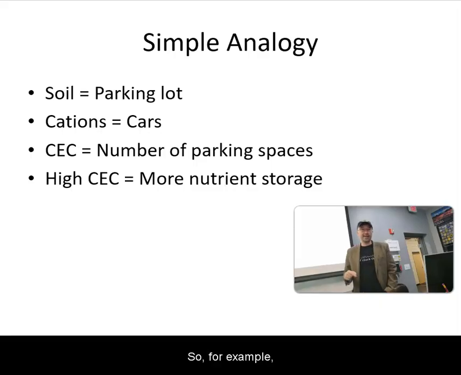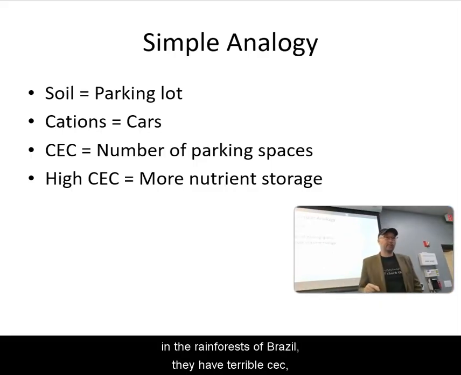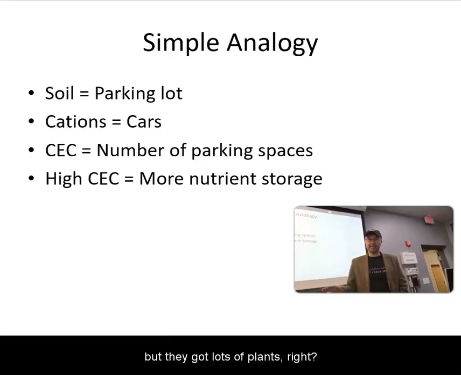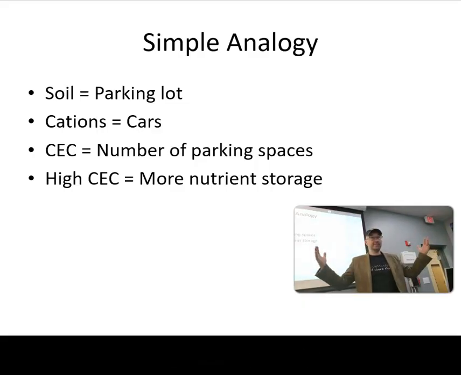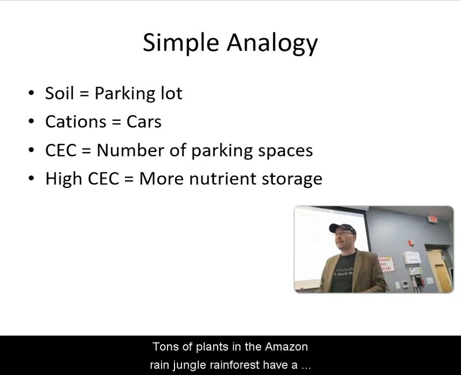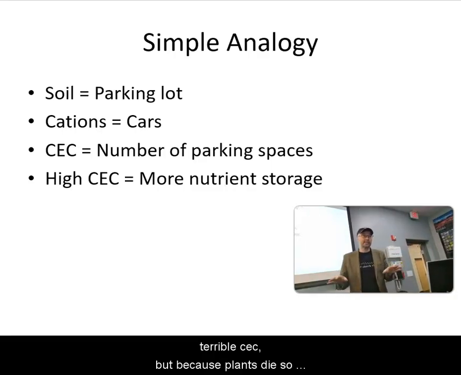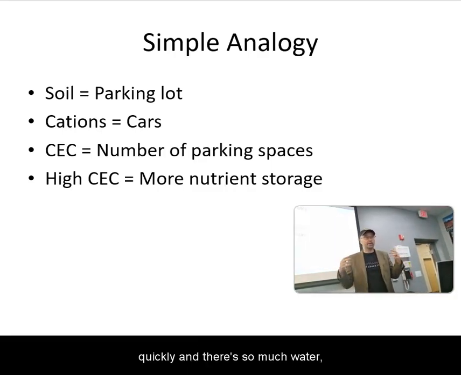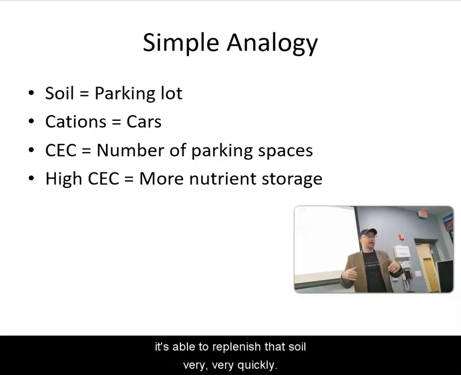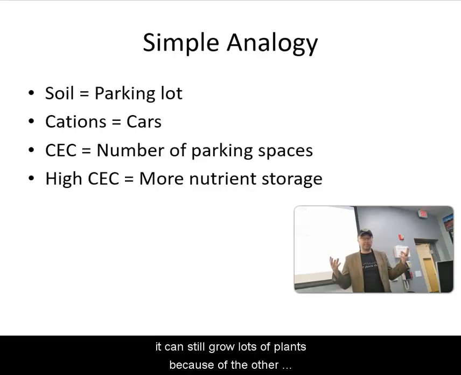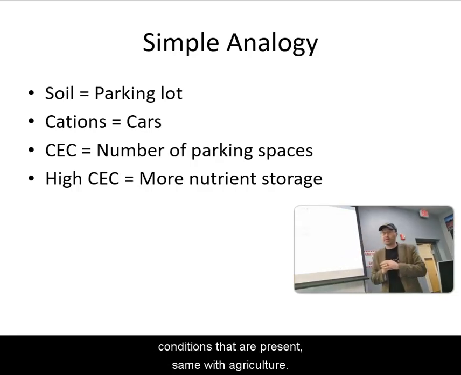So, for example, in the rainforests of Brazil, they have terrible CEC, but they've got lots of plants, right? Tons of plants in the Amazon rainforest. They have a terrible CEC, but because plants die so quickly and there's so much water, it's able to replenish that soil very, very quickly. And so even though it has low CEC, it can still grow lots of plants because of the other conditions that are present.